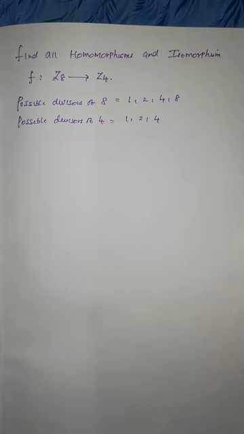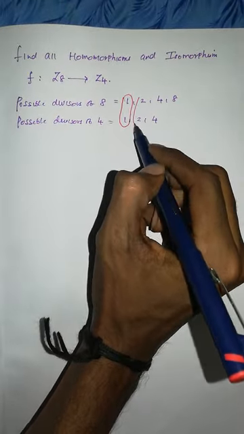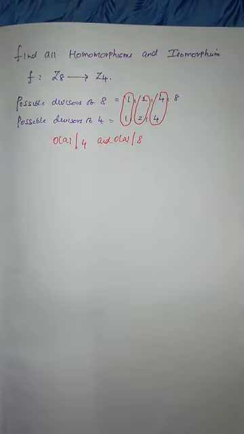Now you want to pick an order of an element which divides both 4 and 8. So among these, these are the 3 elements which divide 4 as well as 8. So we want to choose the order of a which divides 4, and the order of an element should also divide 8. So here we have 3 possibilities for the order of a, which are 1, 2 and 4.